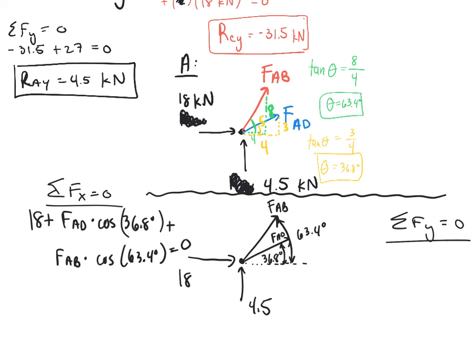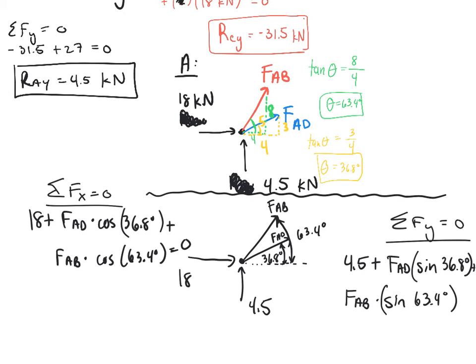I've got 4.5 acting upward. I've got FAD again, but only the y component, so I'm going to take the sine of the angle now. And then to that, I'm going to add on FAB times the sine of its angle. And again, that whole thing equals 0.